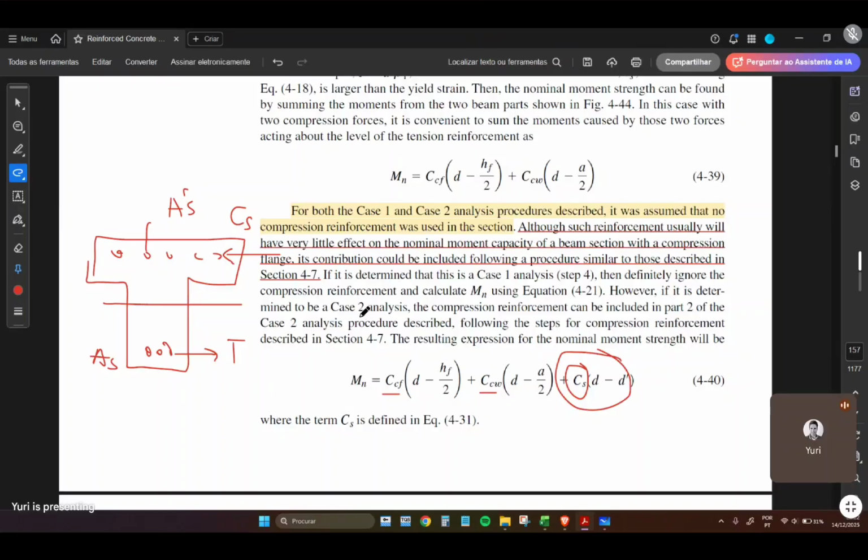But I would not recommend you do that because it's very unlikely that you're going to design a section like this, because most of the time when you also have a compressive force, the position of the neutral line gets very, very close to the top part. So most of the time it's always going to be a rectangle section. So it makes no sense to calculate the flanged section. So you don't have to be worried about it.